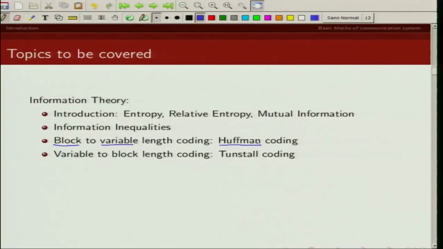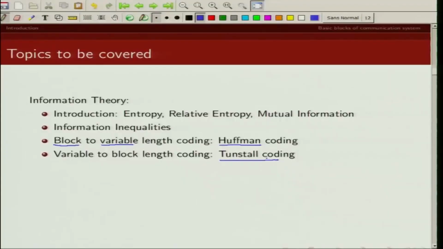We will prove the conditions for optimality, and what is the minimum number of bits required to represent a code. We will also talk about variable to block length coding, and for a specific instance where the message can be parsed in a particular fashion, we will talk about an optimal variable to block length coding in that particular instance, which is what is known as Tunstall coding.